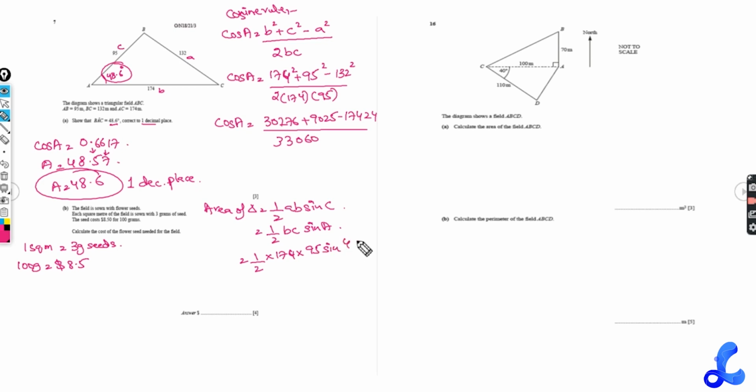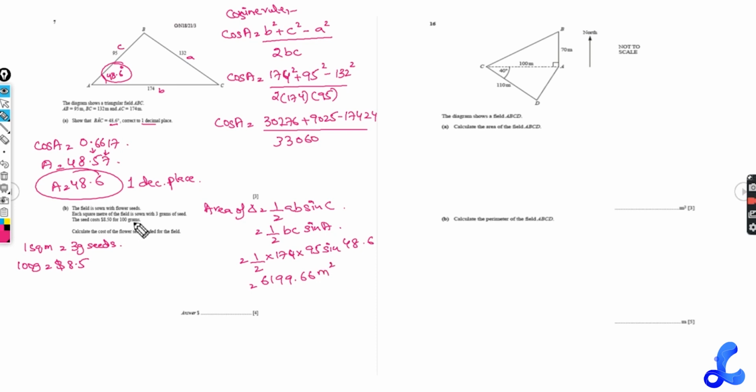Sine of A, we have found out, or we have proved, is 48.6, right? So once you do this, you get an answer of 6199.66 meters square as your area.